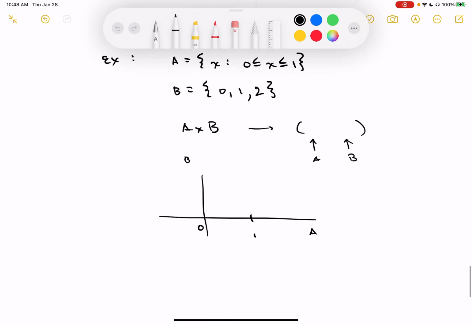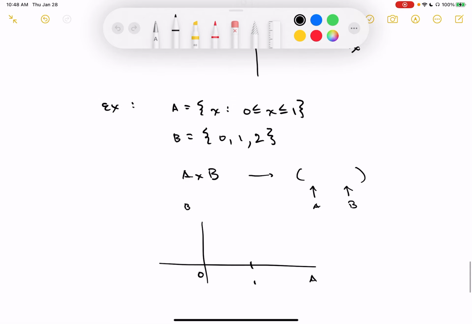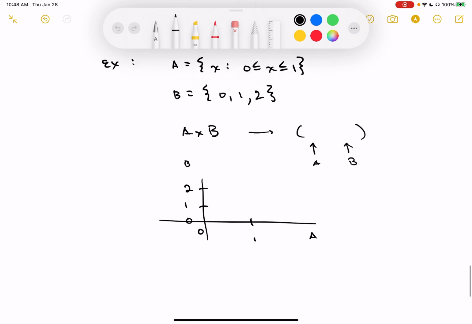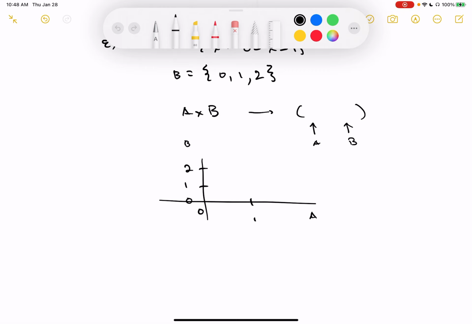For every value of B, the set A can go from 0 to 1. B has only three values: 0, 1, or 2. So if I take B and look at its value 0 here, a value 1 here, and a value 2, now I think I've got enough information that I could go ahead and draw this overall Cartesian product. Let me do that like this.